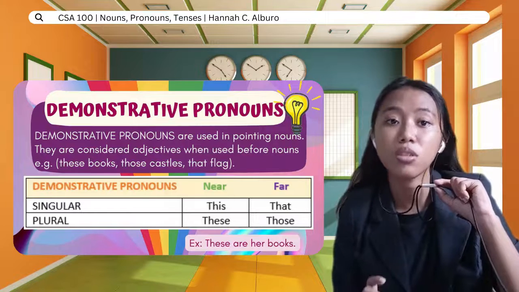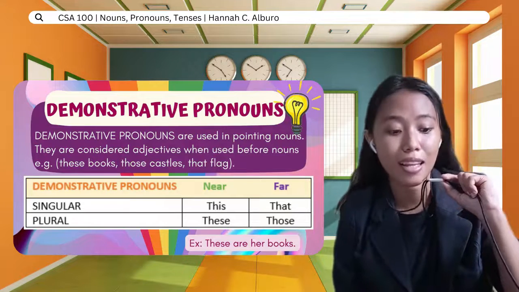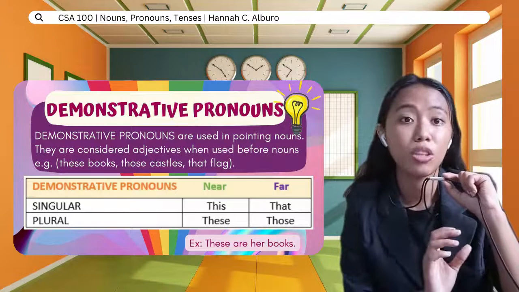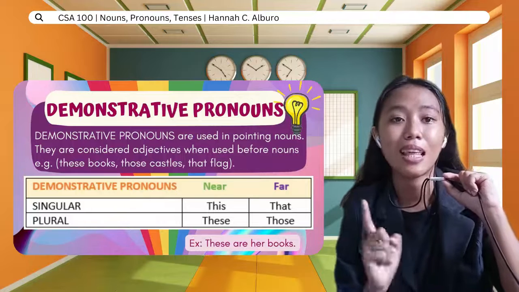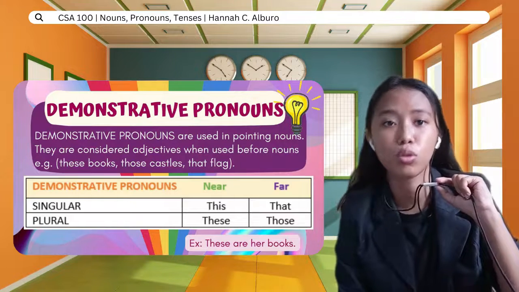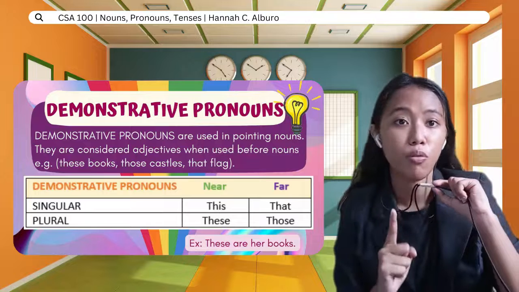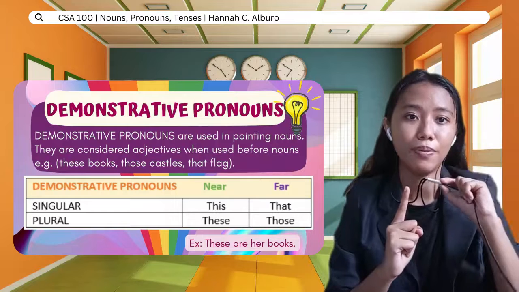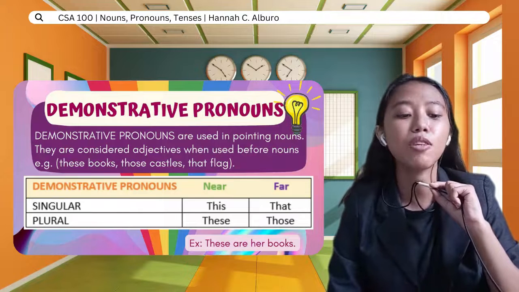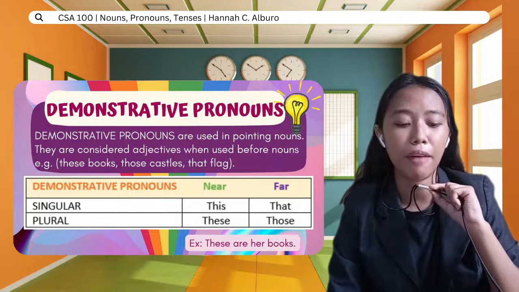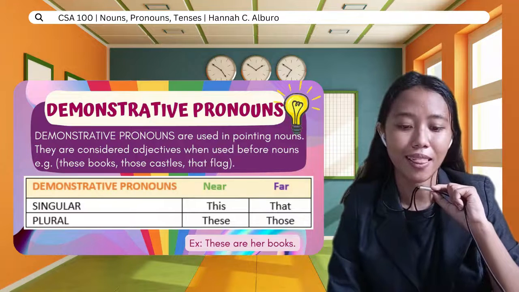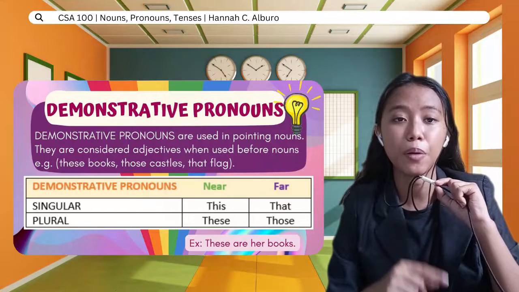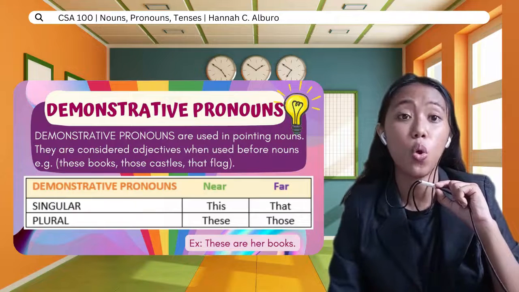They are demonstrative pronouns if they do not come before a noun. Take for example the sentence, "These are her books." The word these here functions as a demonstrative pronoun. For the singular, near, we have this; far, that. For the plural, near, we have these, and far, those.